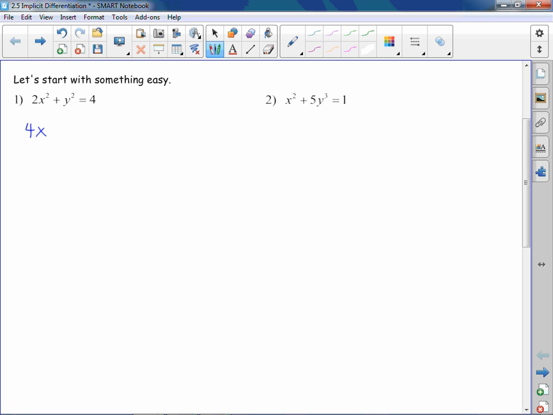Okay, now, the tough part is, what do we do with the y? Well, normally, let's take a little sidebar over here. Normally, you have y equals, say, 2x minus 1, and you would take the derivative of y with respect to x, and you get 2. So this y actually turned into dy dx.